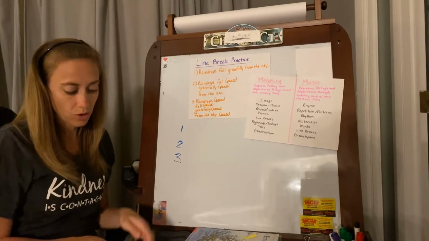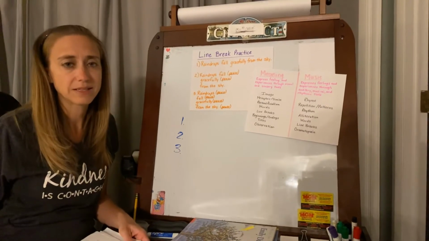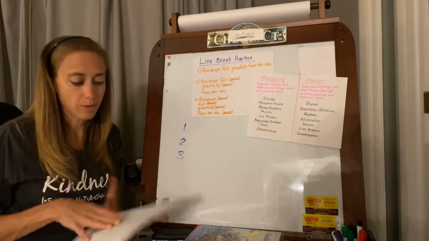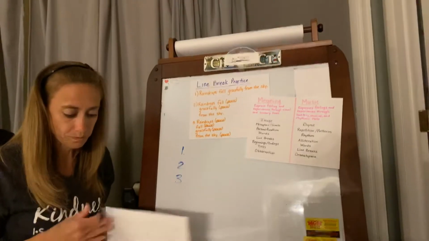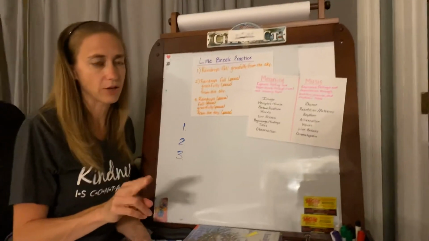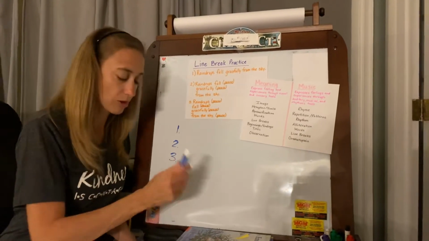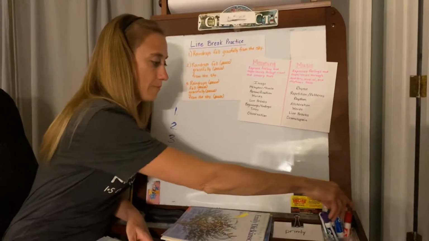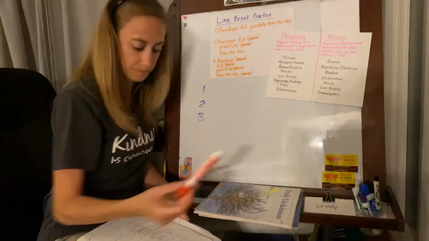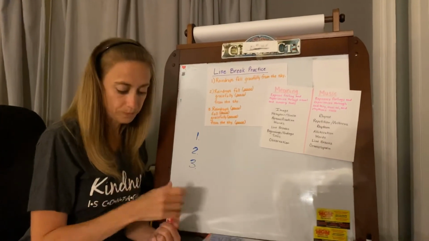And you're going to tell me whether the sentence is a simile or a metaphor. So once again, a simile is comparing 2 things using the words like or as. A metaphor is also comparing 2 things, but not using like or as. So, for example, I'm going to go over number 1 with you.